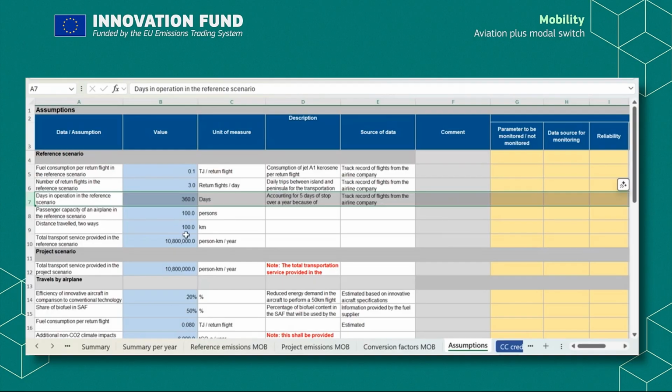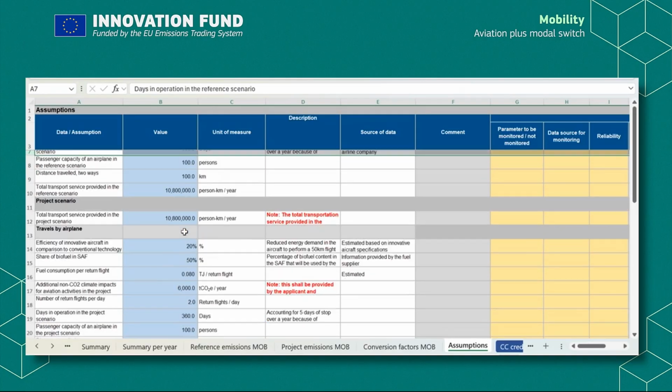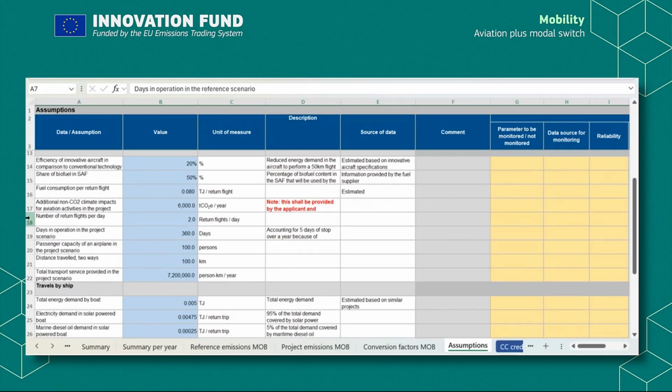In the project scenario, we will have 2 return flights per day in an aircraft that is 20% more efficient and runs on sustainable aviation fuel which has a 50% biofuel content. We assume that the service will run 360 days a year.